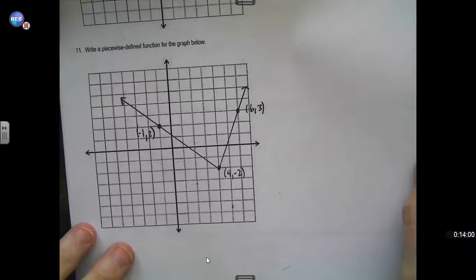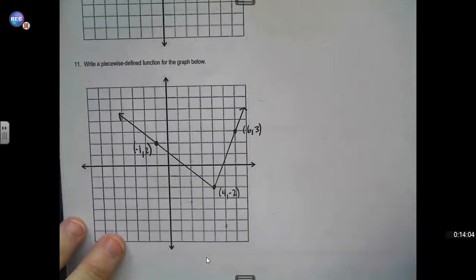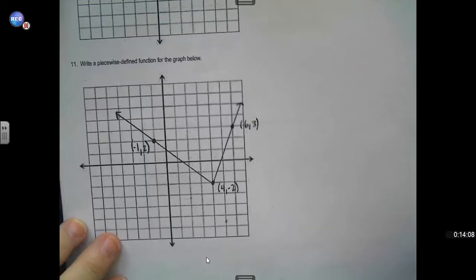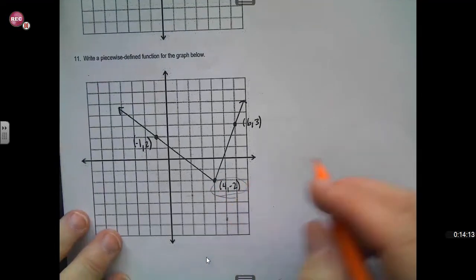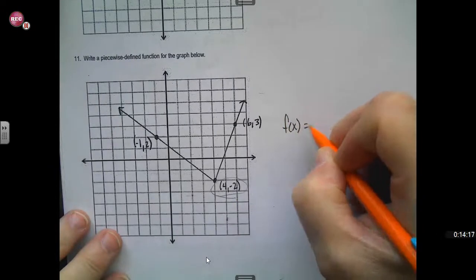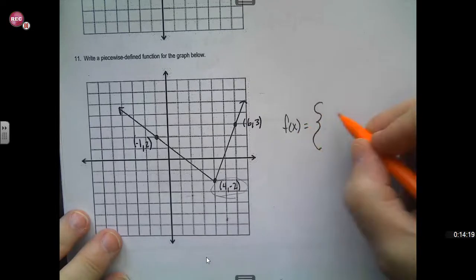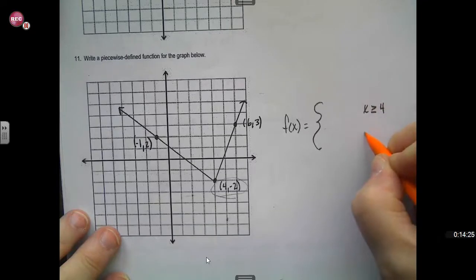Then last problem, write the piecewise defined function for the graph. So here's our swing point down here at 4, -2. So that means that f of x equals, in parentheses, and it's going to be for x greater than or equal to 4, and for x less than 4.